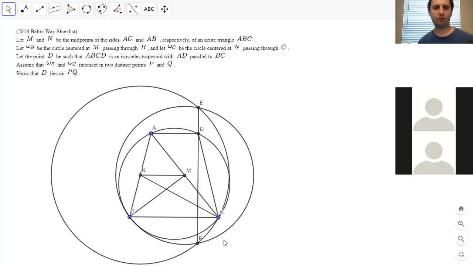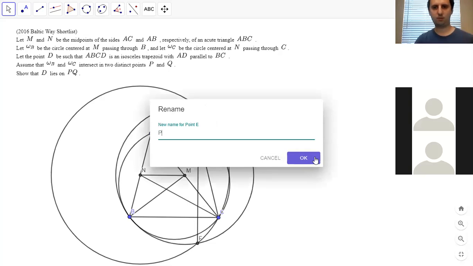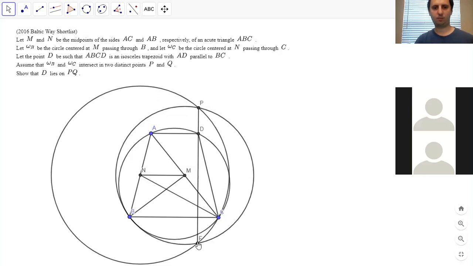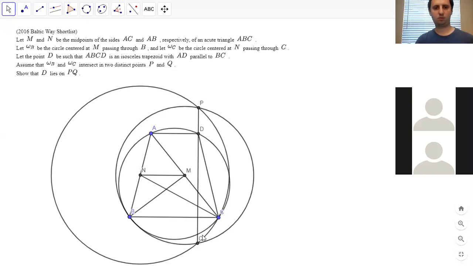So yeah, first of all, I should call these P and Q, not E and F. This is P and this is Q. So yeah, I know PQ is perpendicular to BC.